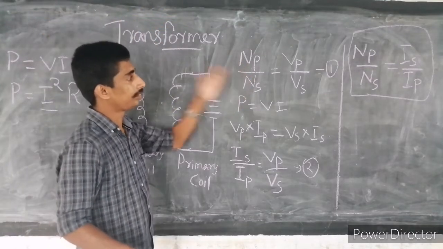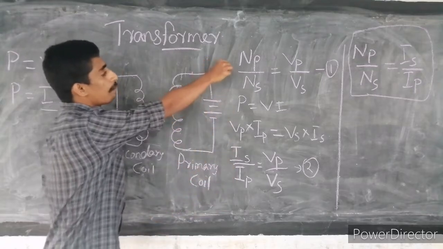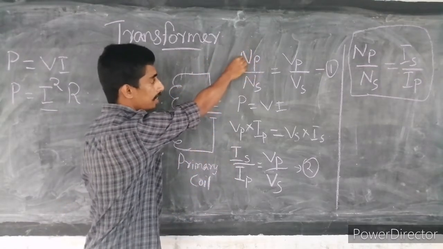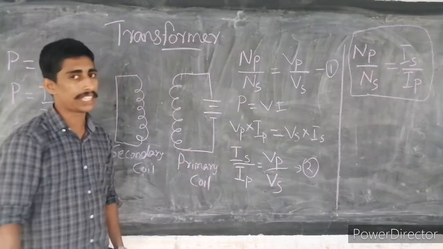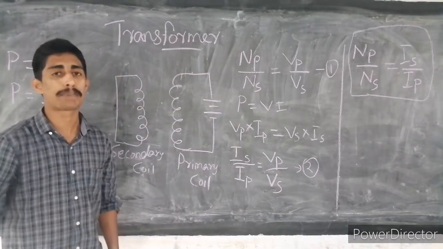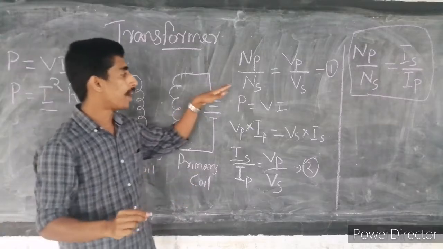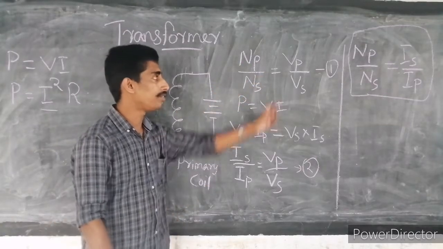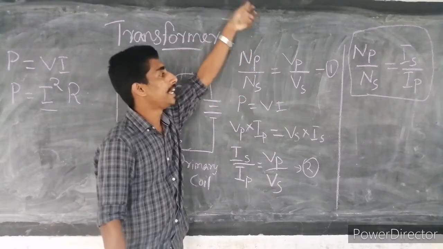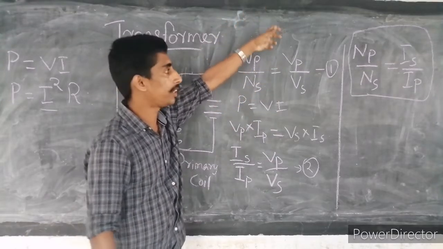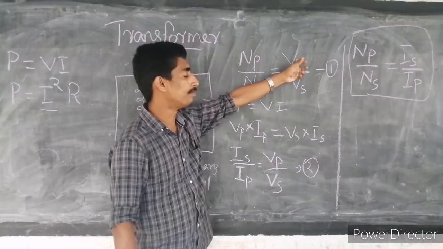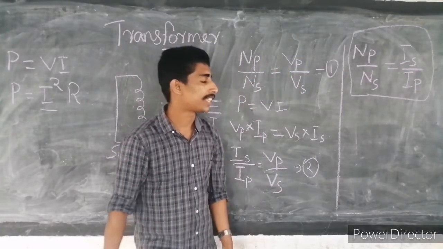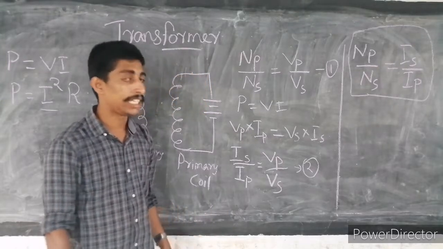First equation: the number of turns in the primary coil, represented as NP, divided by the number of turns in the secondary coil, is equal to the EMF or potential difference of the primary coil divided by the potential difference of the secondary coil.